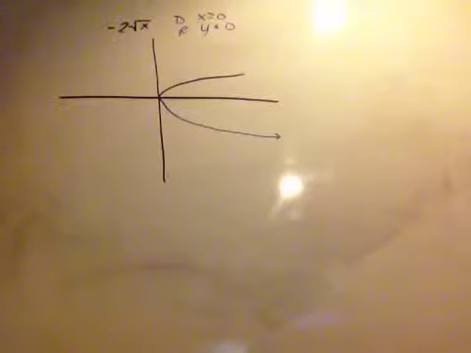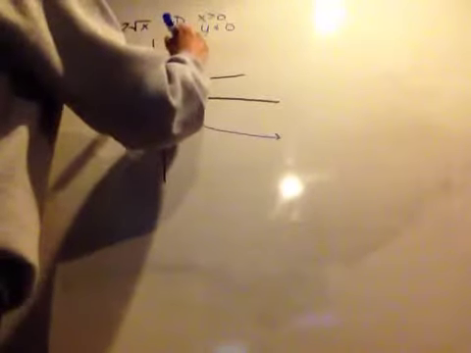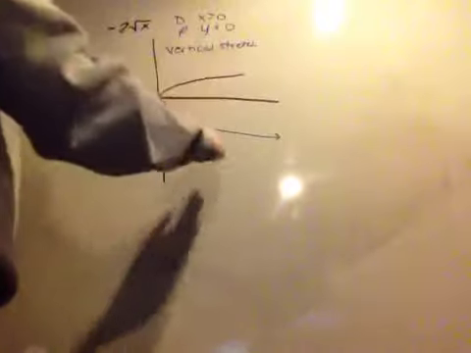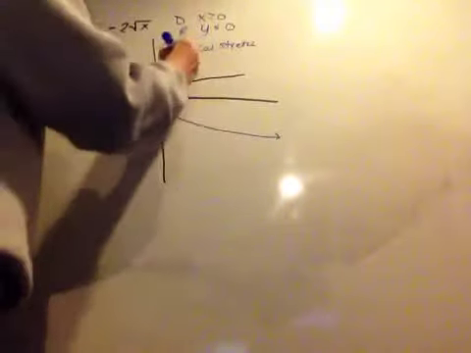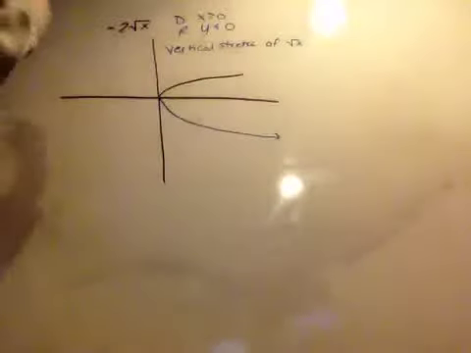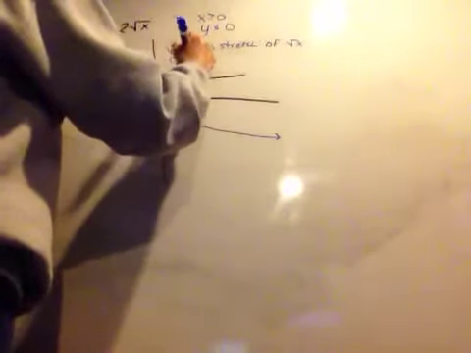And then it is a vertical stretch of the graph of the square root of x, because it came out stretched just farther down, multiplied by 2. And it's a reflection in the x-axis because it's flipped down.